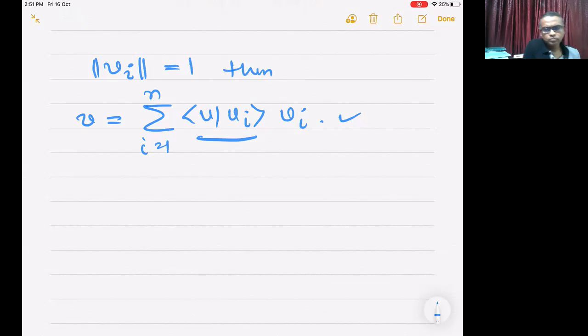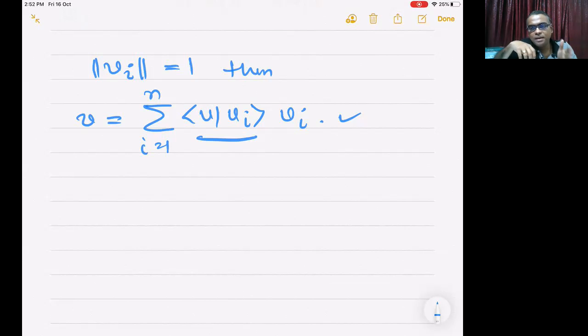Somebody gives me vectors v1 up to vn and another vector v, and asks me to find alpha 1 up to alpha n such that v is equal to alpha 1 v1 plus alpha 2 v2 and so on. We have seen before that in order to do this, I need to set up this equation.